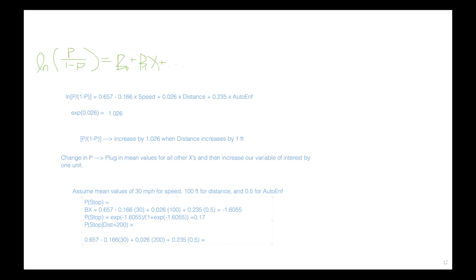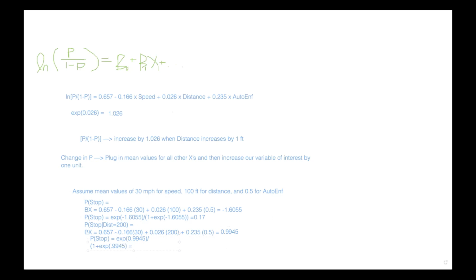Again, sorry, the intermediate step there, Bx equals 0.9945. Then our probability of stopping would be the exponential of 0.9945 divided by 1 plus the exponential of 0.9945.